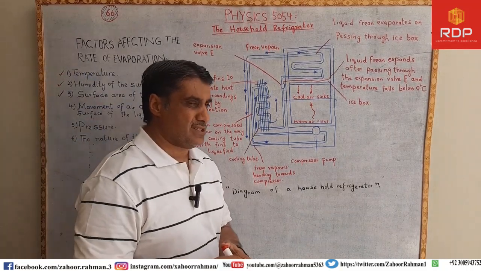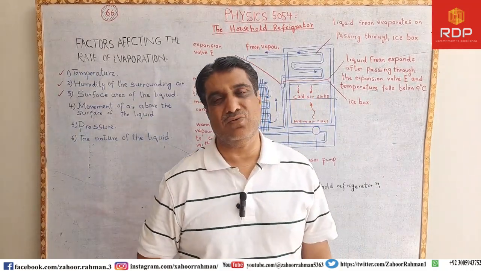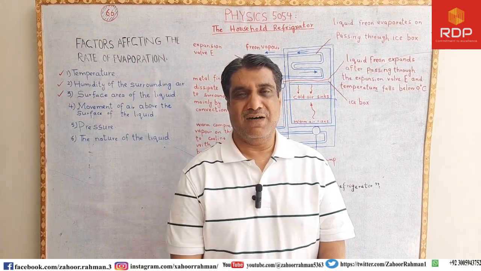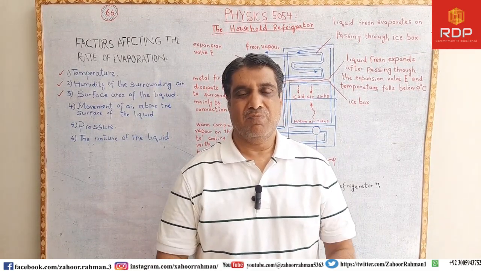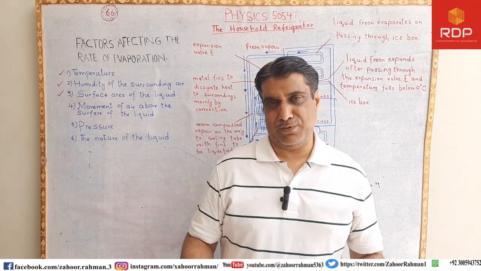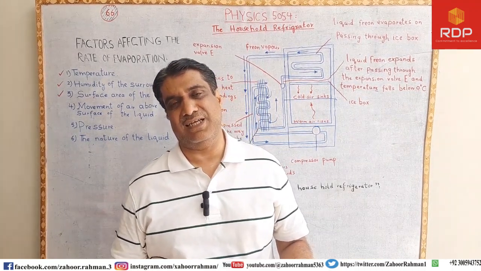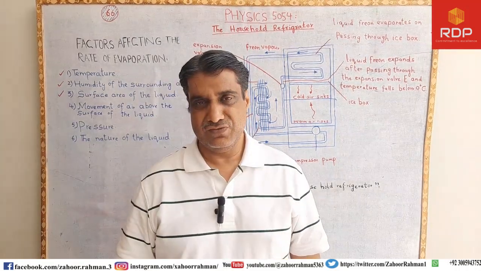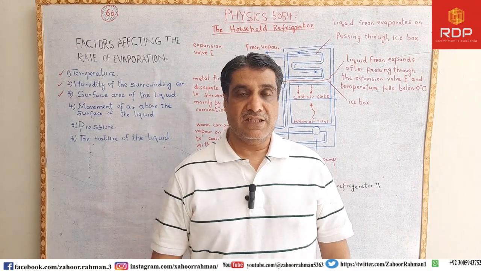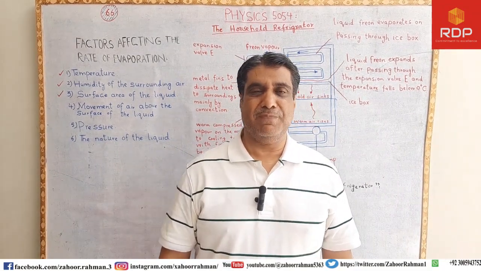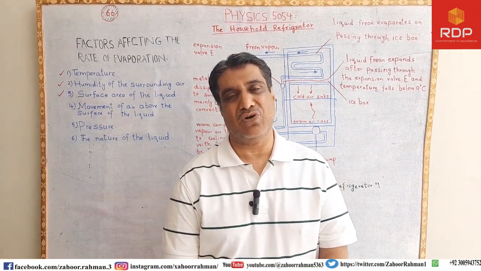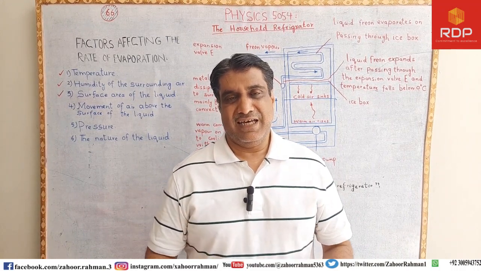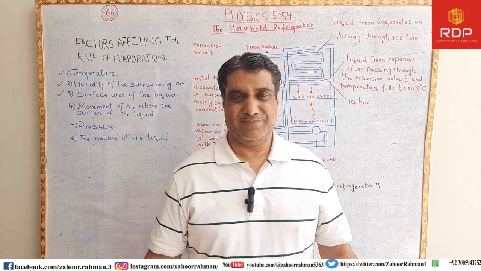The third factor is the surface area of the liquid. Yes, the surface area of the liquid also affects the evaporation rate. More area exposed to the environment will increase the rate of evaporation. This is because evaporation can take place only at the surface of the object.